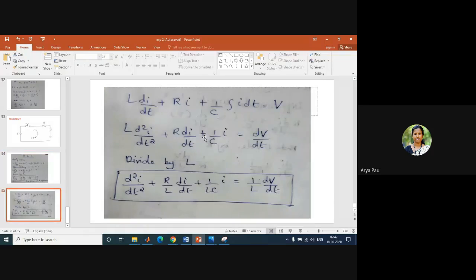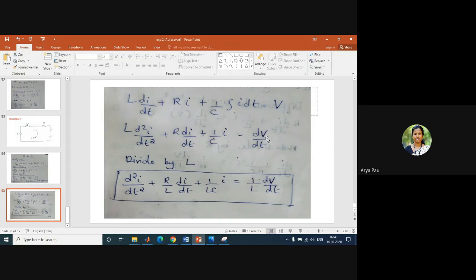Suppose I am applying some other voltage, not a DC voltage like 5 or 12. In general, by applying the KVL rule, I can write L into di by dt plus R into I plus 1 by C integral I dt equal to the total voltage V. Differentiating with respect to t: L into d square I by dt square plus R into di by dt plus 1 by C I equals dV by dt, since our voltage V is not a constant DC source.